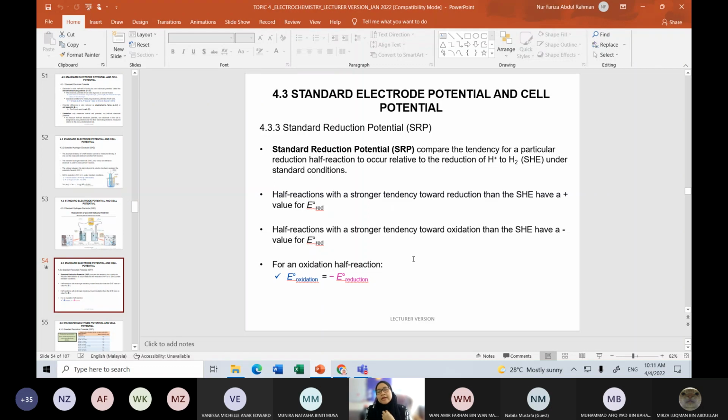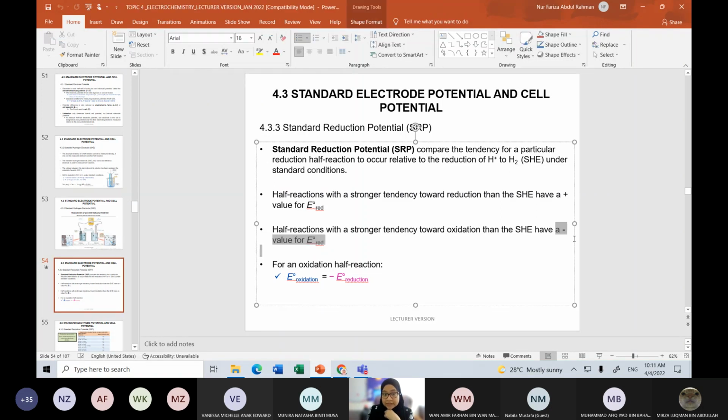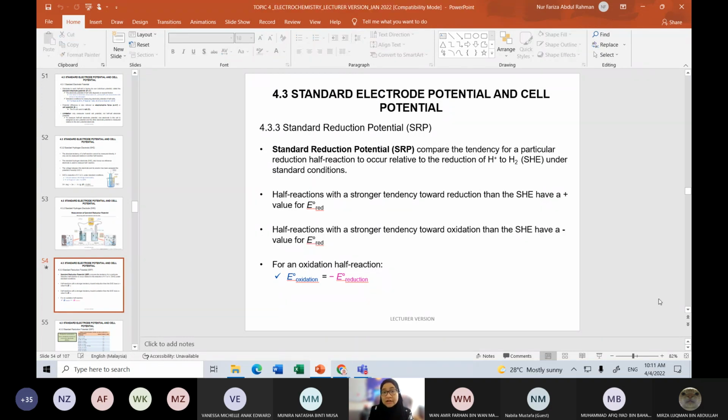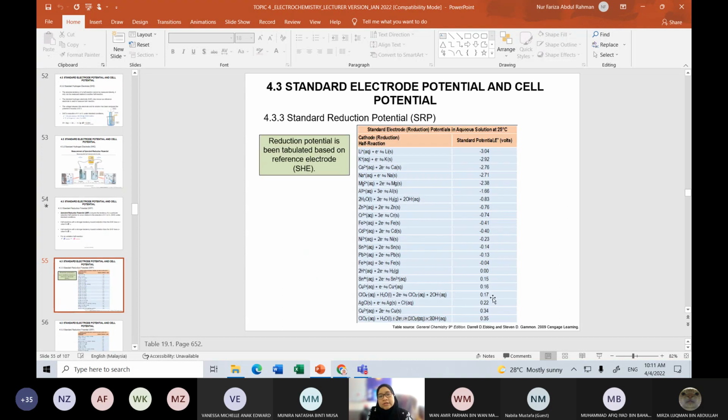And if the value is more negative, a negative value of E0 reduction, it shows that the species has a higher tendency to undergo oxidation rather than reduction. That means it is a good reducing agent. So these are the lists that I have mentioned just now.